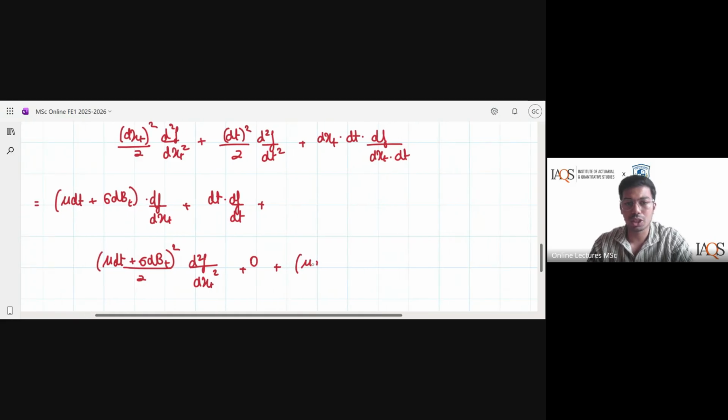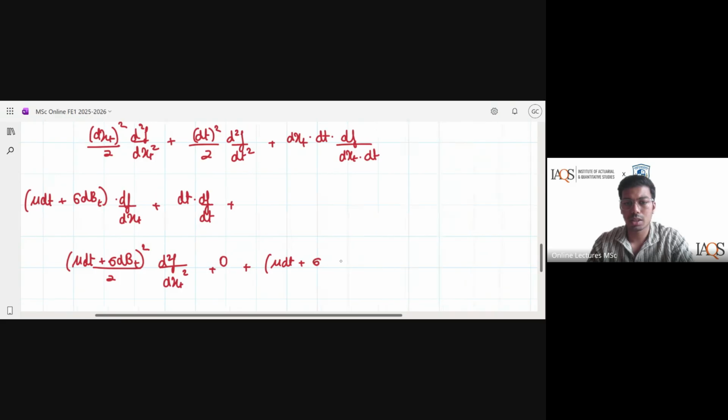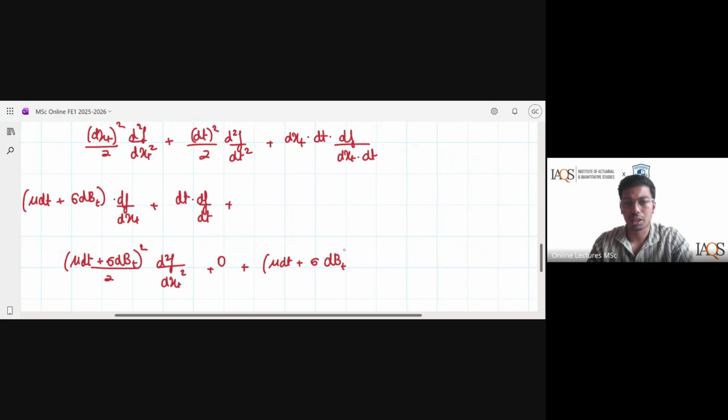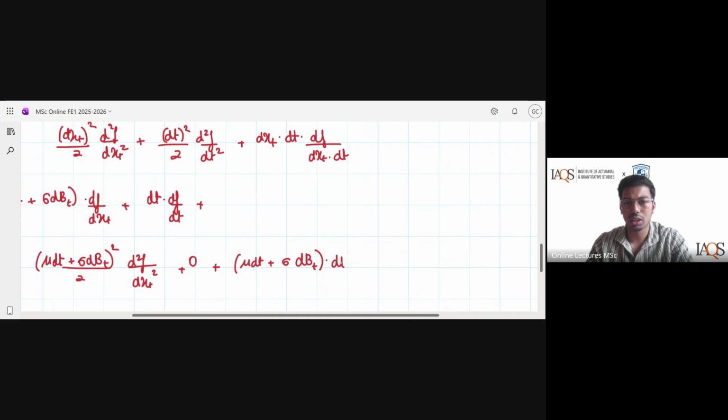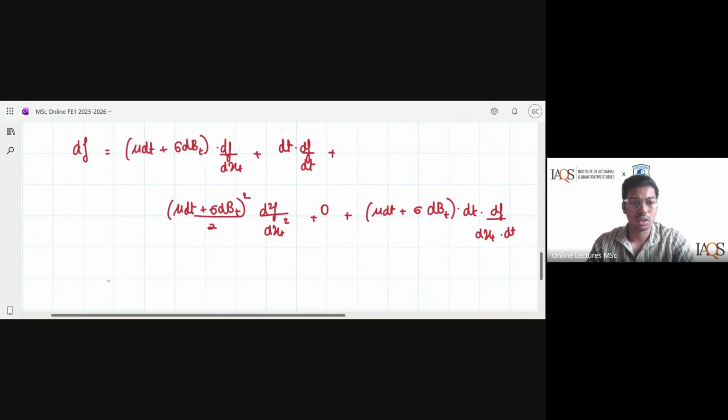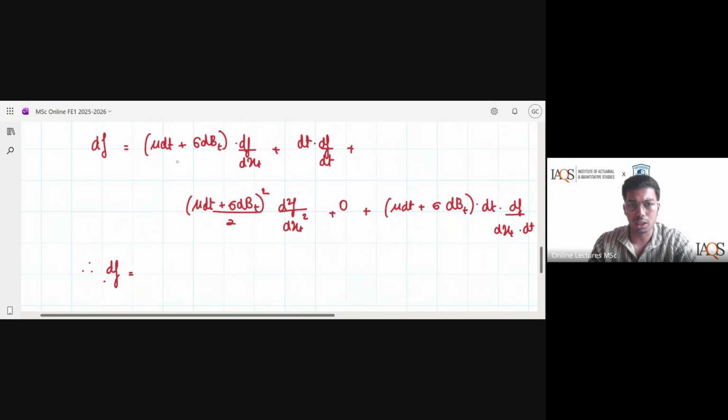I know dxt is mu dt plus sigma dbt, into dt into df by dxt. Let's solve this further. Therefore df is equal to this. I don't know how to solve this, so I'll just open it up.